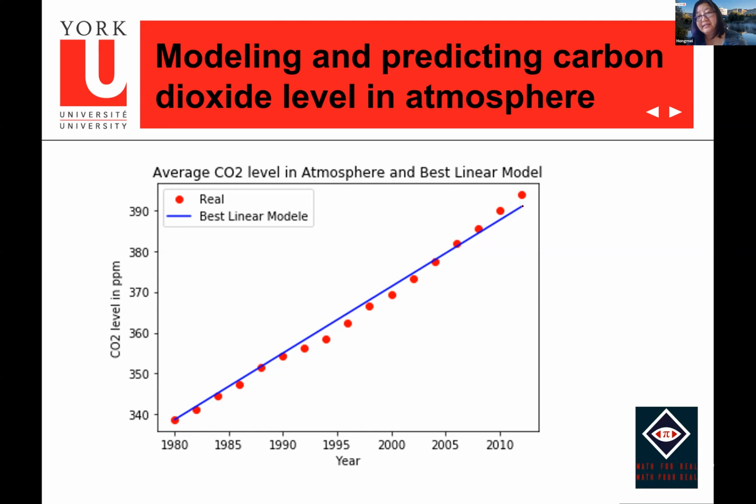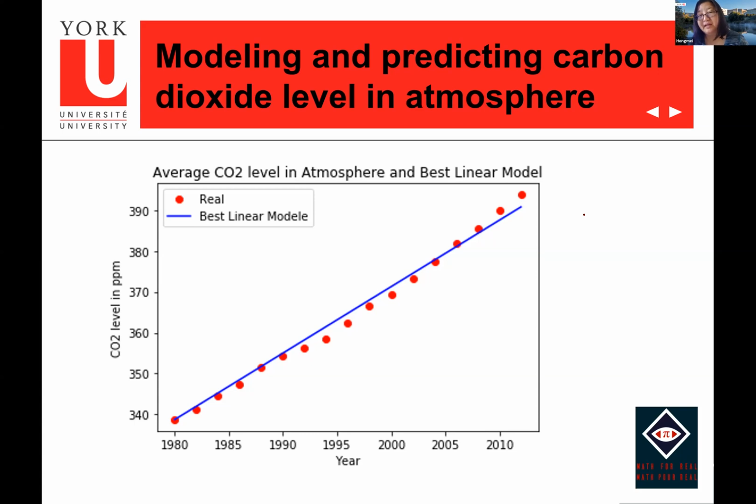Once you have this model and you think it's reasonable, then you can have the theoretical expression of this linear line. And then you can predict what the CO2 level will be in 2020, or 2030, 10 years later, and so on. You can also play with strategies. What if we reduce the number of cars on the street?